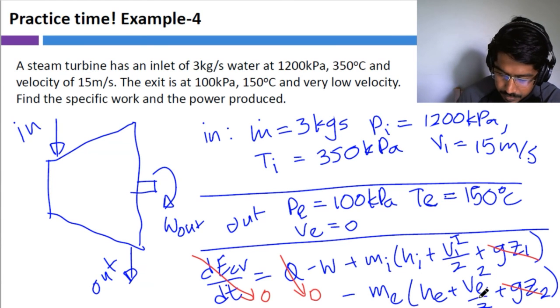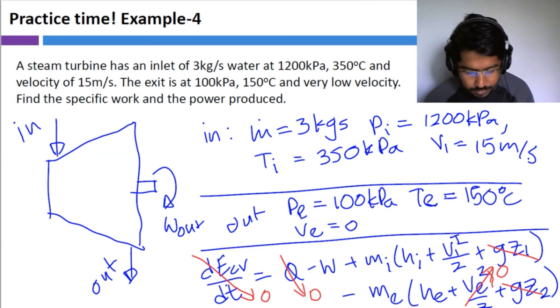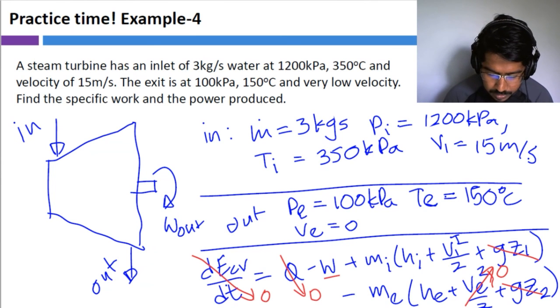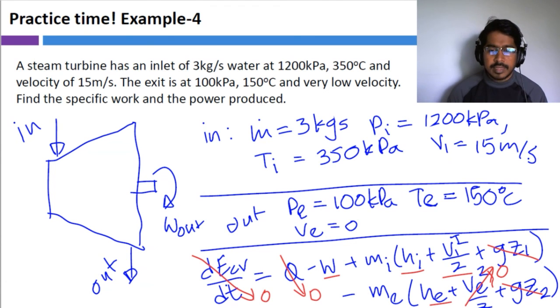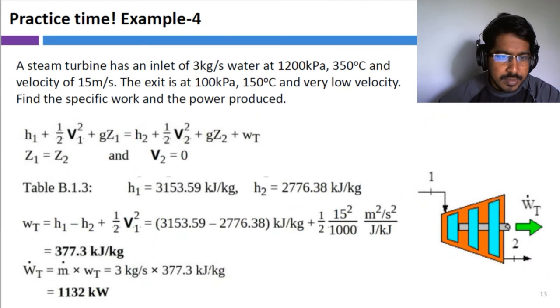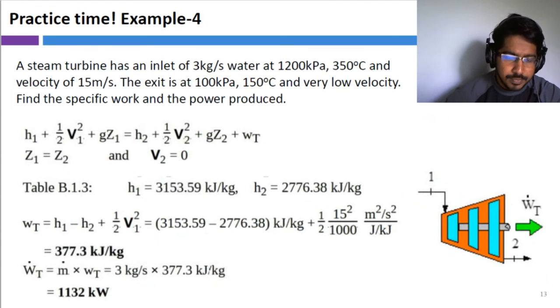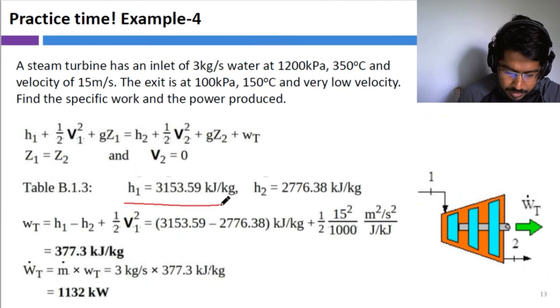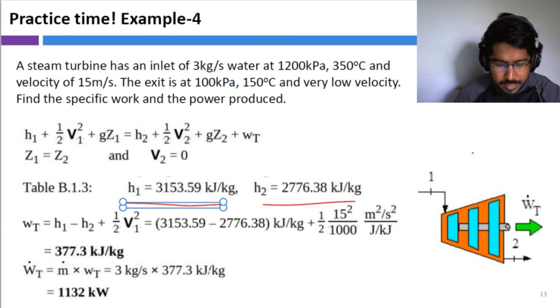And the exit velocity was said to be negligible, so we can say that it is close to 0. Now you see that we are left with work, inlet enthalpy, the inlet kinetic energy component, and exit enthalpy. Now it's a matter of finding the enthalpies from the property tables and substituting the values.